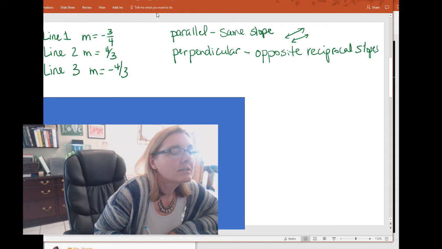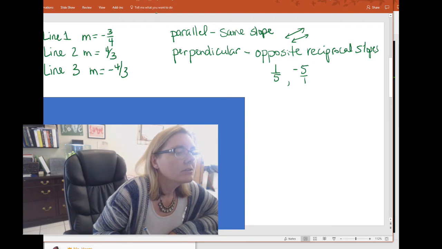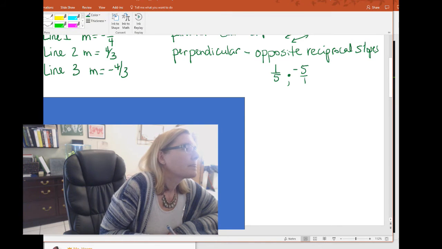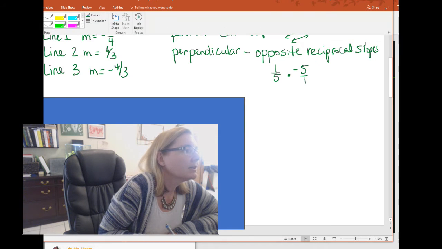Just to give you an example, if you had a slope of 1/5, its opposite reciprocal would be negative 5/1 or just negative 5, okay? A little trick that you can do if you want to determine if two slopes would be perpendicular to each other, you could multiply the two slopes together and you're going to get -1.